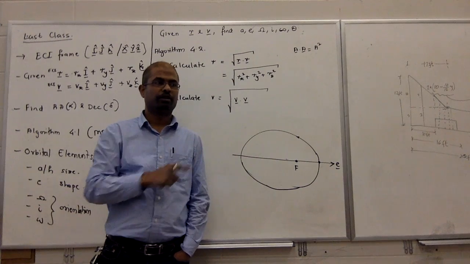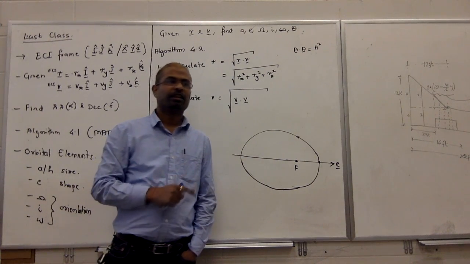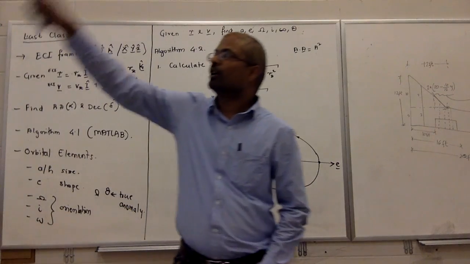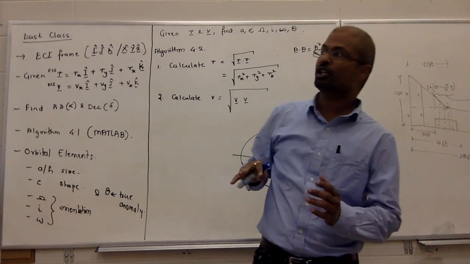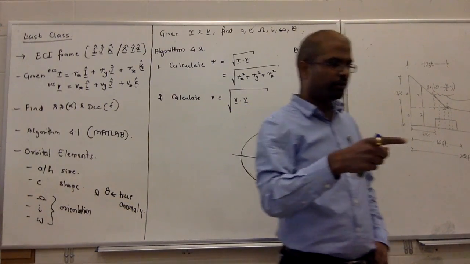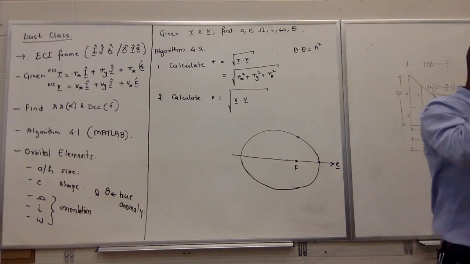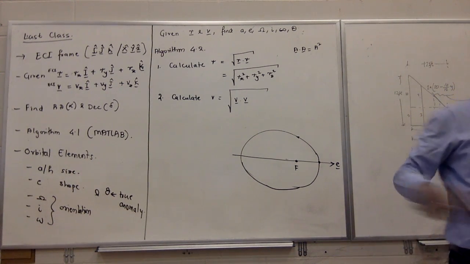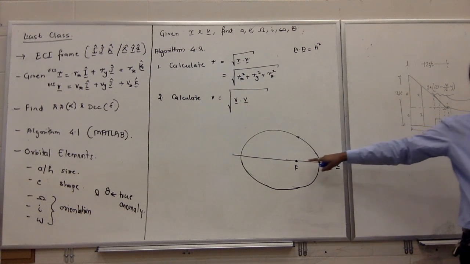That's the reason I've told you this. So what you're seeing here is you're standing perfectly on top of the orbit and seeing it. This is that view. Got it?